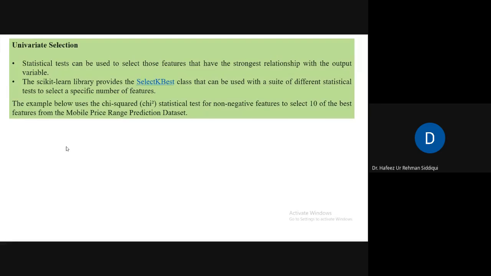So the example below uses the chi-square statistical test for non-negative features to select 10 of the best features from the mobile price range prediction data set.